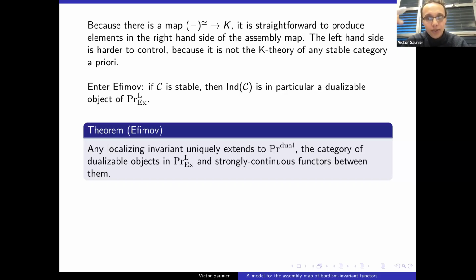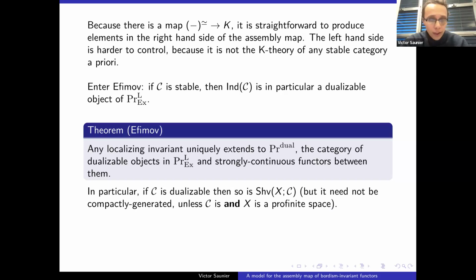You ask for something stronger, which is strongly continuous, which equivalently means not only do they have a right adjoint, but the right adjoint preserves colimits. It has a further right adjoint. This is a very important theorem. It tells you there's not just K-theory of small stable categories that's interesting. There's a bunch of new objects for which it's harder to build the K-theory space, but it's still true that there is a well-defined value.